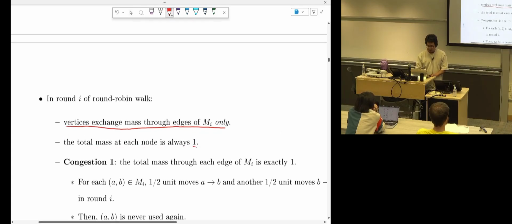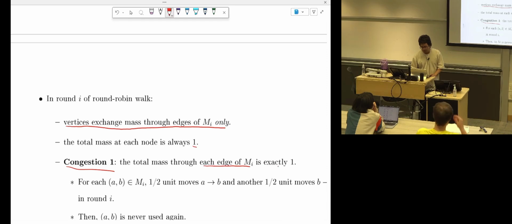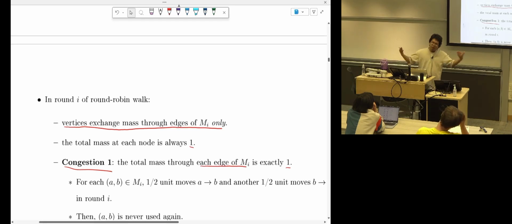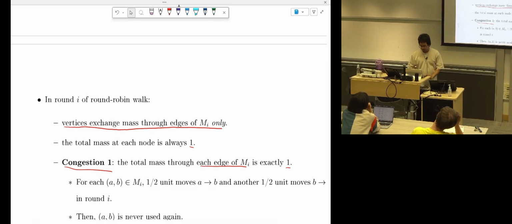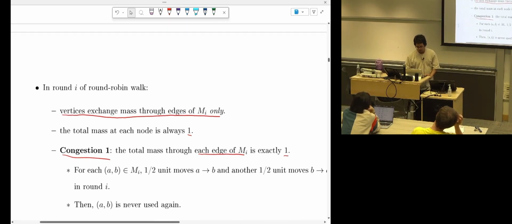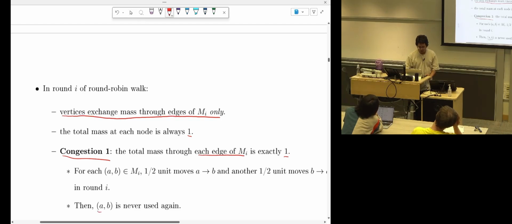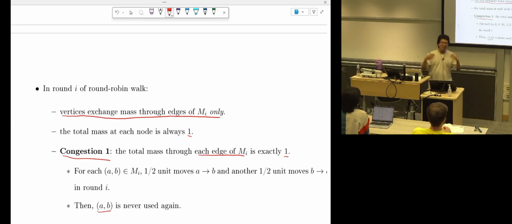And you can see that the congestion is 1 because the total mass that goes through edges in Mi is exactly 1. Just 1/2 in one direction and another half in the opposite direction. Okay. And once you route through an edge in Mi, in round i, you will not use it again.